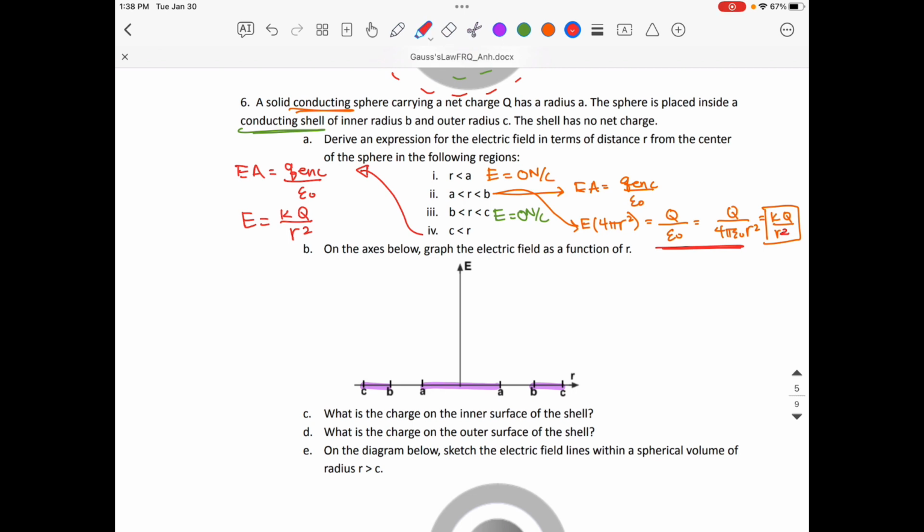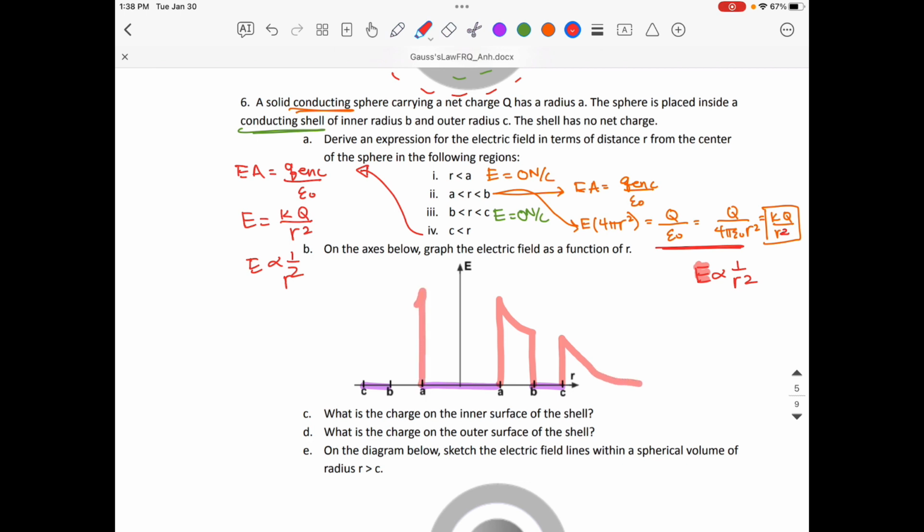We can see here that our electric field is proportional to inverse squared for both parts, and so that's going to be a function that for A it'll start decreasing, and then for C it'll decrease out to infinity.